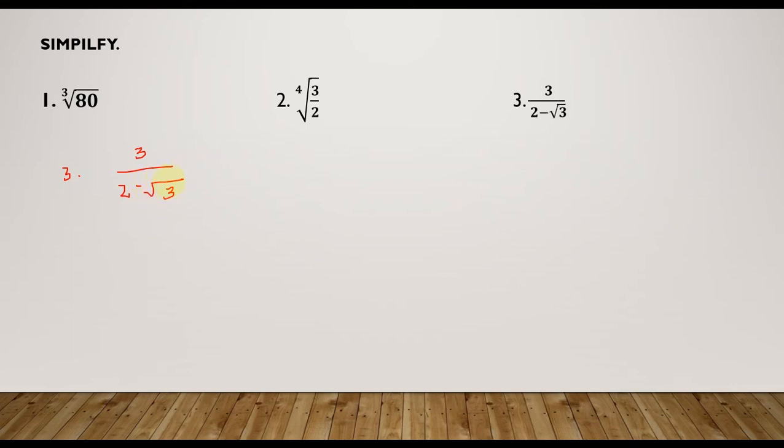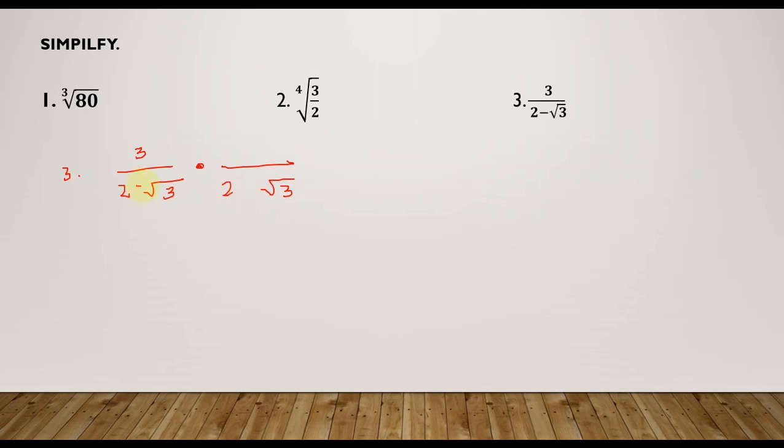Conjugate pairs are two binomials that have the same numbers but a different sign that connects them. Here, our numbers are 2 and square root of 3 connected by a negative sign. So we just need to change this sign. Multiply by the same numbers, 2 and square root of 3, but with a different sign connecting them.